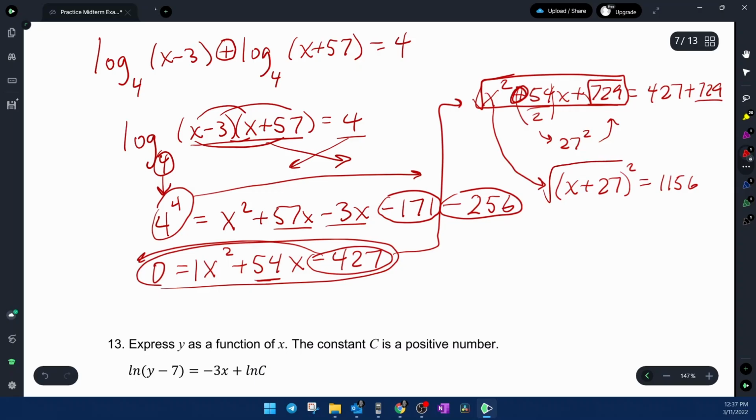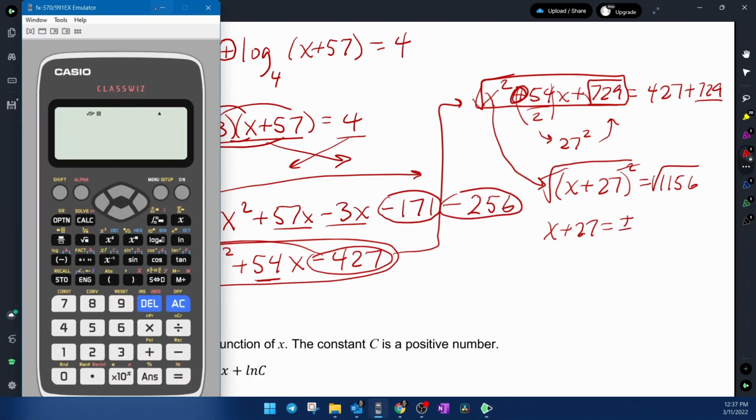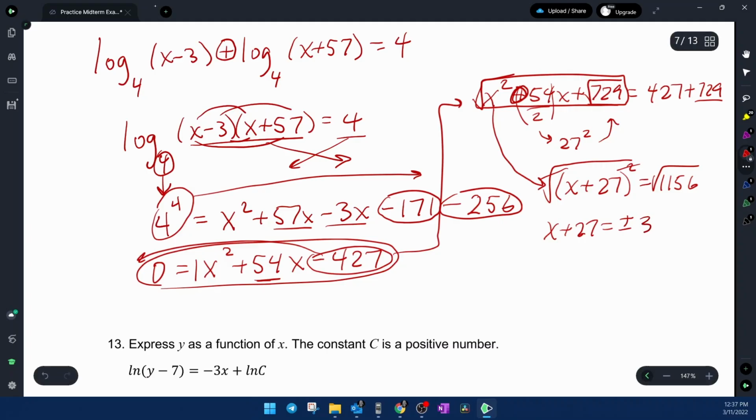And then taking the square root of both sides, we're going to get x plus 27 equals plus or minus the square root of 1156, which is nice. A whole number, 34.